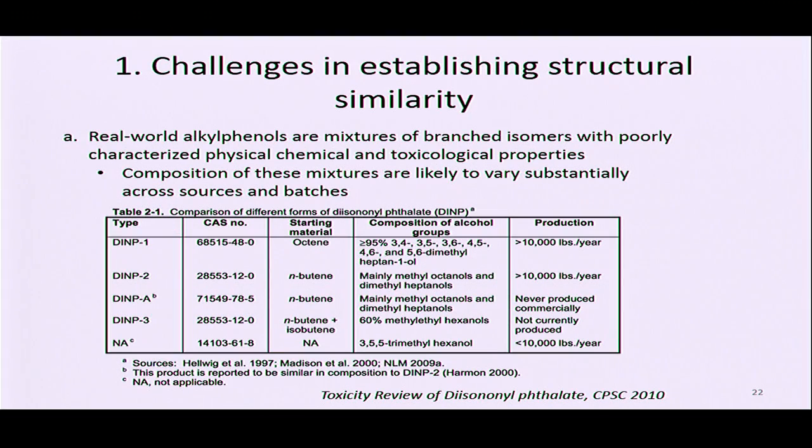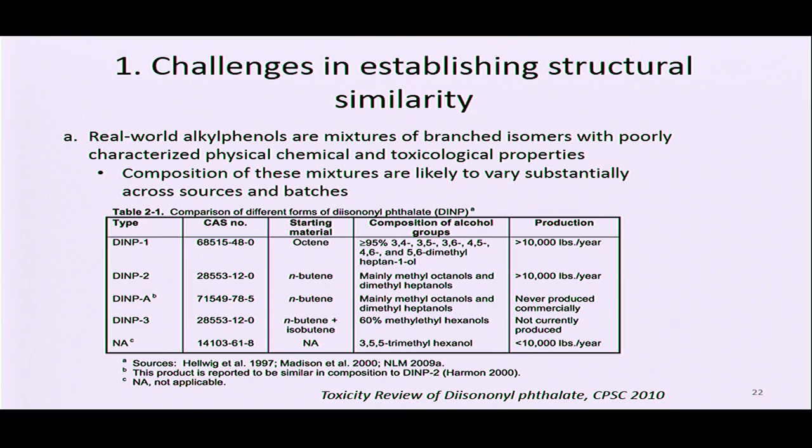So one thing that Lisa kind of glossed over quickly, although some of her slides highlighted it, is that in the real world, alkyl phenols are mixtures of branched isomers, each of which has pretty poorly characterized physical chemical properties and toxicological properties.